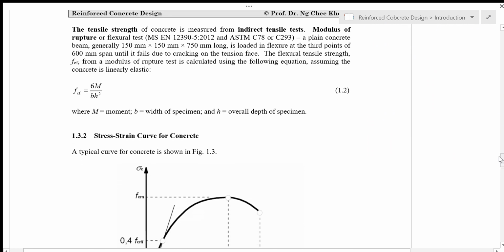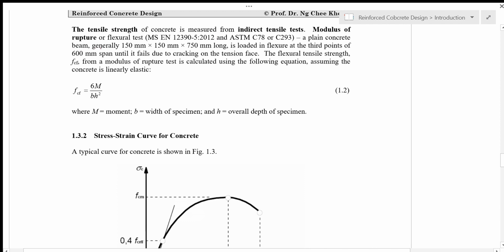The tensile strength of concrete is measured from an indirect tensile test. This is what we call the modulus of rupture, as you have done in your first year laboratory.